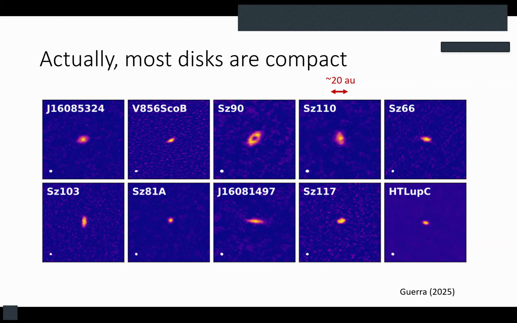But due to the limited resolution, we cannot see the fine structure. There are still some measurements we can make, such as the size, the total flux, and also the spectral intensity. We have multi-wavelength observations.